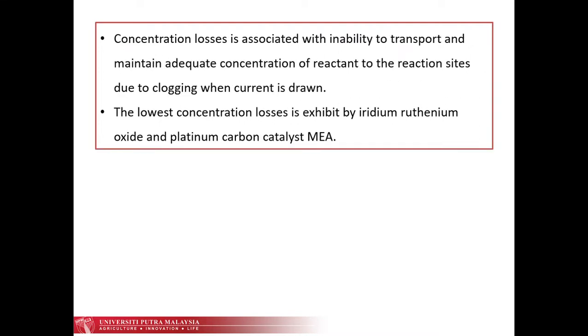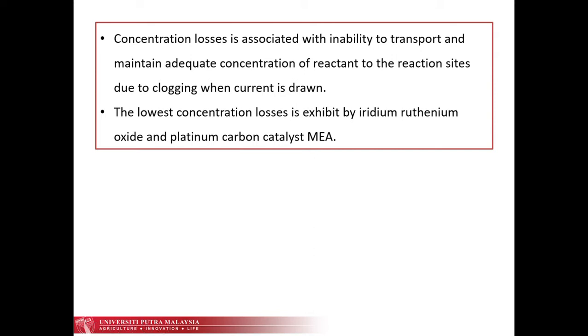The last one is the concentration loss, which is associated with the inability to transport and maintain adequate concentration of reactant to the reaction site due to clogging when the current is strong. The lowest concentration loss is exhibited by the iridium platinum oxide and platinum carbon catalyst MEA.